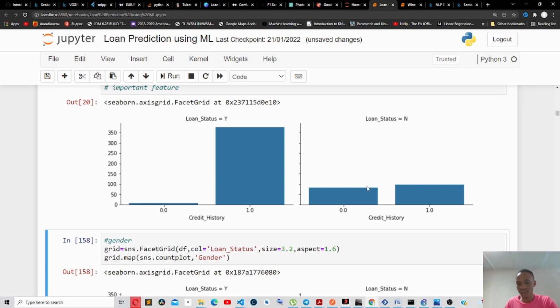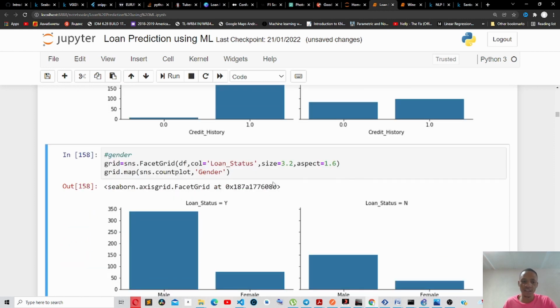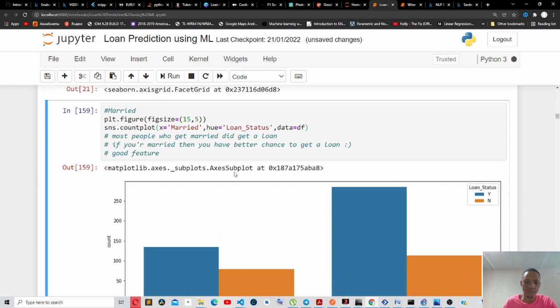And then the next thing that we are going to see is that some people with a credit history of 1 were not given a loan, and some people with a credit history of 0 were also not given a loan, right? And then the next thing that we are going to do again is compare the gender. We want to see the gender. So we are going to plot the Facet grid for the loan status, and then use grid.map to look through the gender.